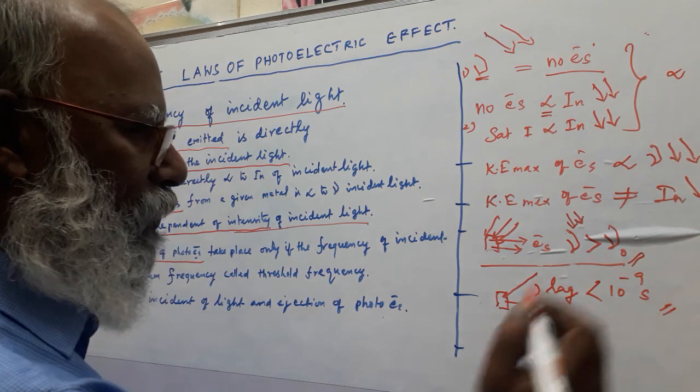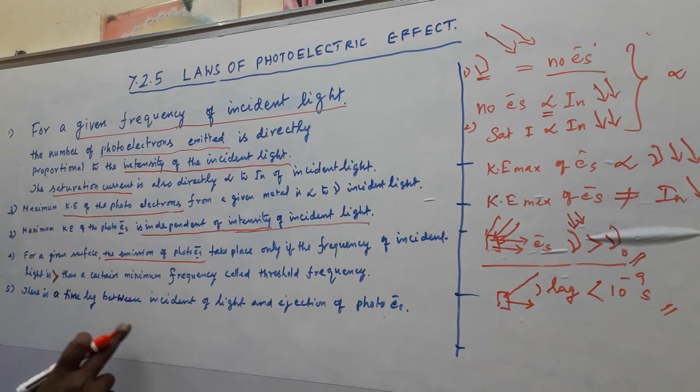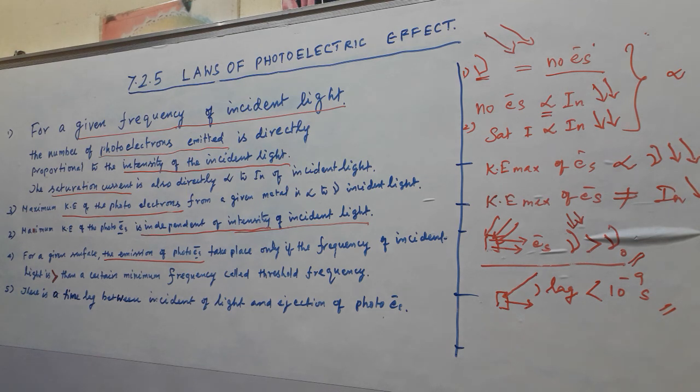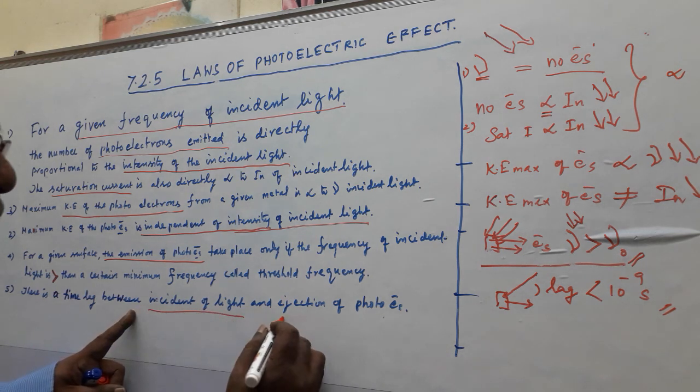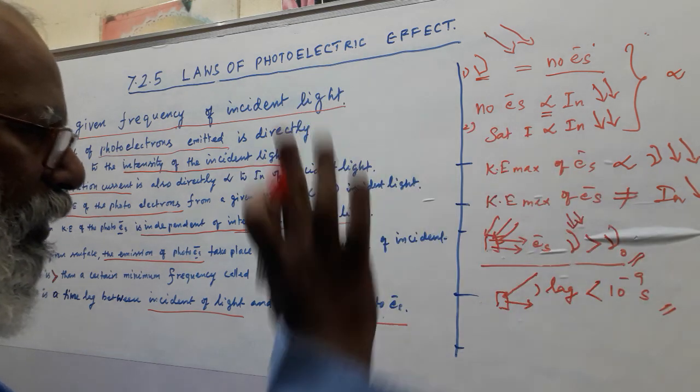This is the fifth law of photoelectric effect. Very important to understand. Once again, I repeat: there is a time lag between incident light and ejection of photoelectrons, and it should be less than 10 power minus 9 second.